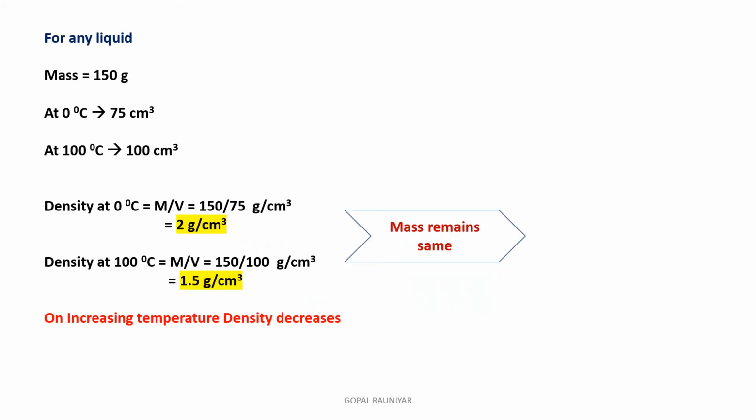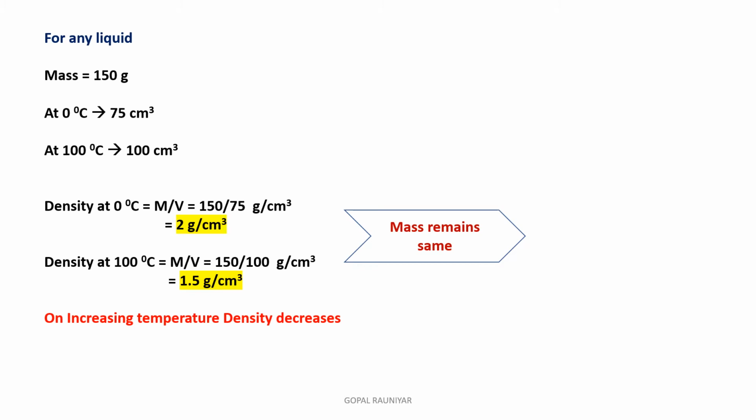Now let's understand with an example. Suppose for any liquid, its mass is 150 gram and at 0 degrees Celsius its volume is 75 centimeter cube, and after that we increase its temperature up to 100 degrees centigrade. Suppose at 100 degrees centigrade its volume increases. We all know on heating or raising the temperature of liquids and gases, the volume increases.